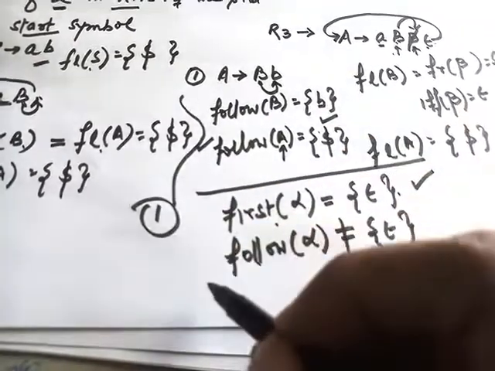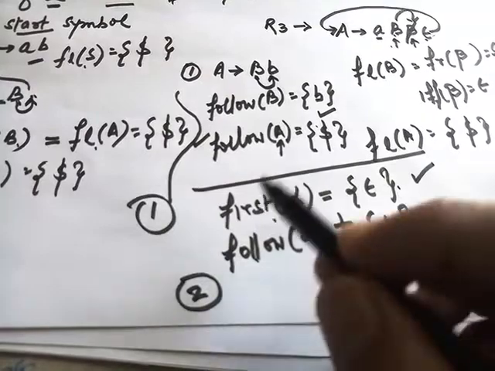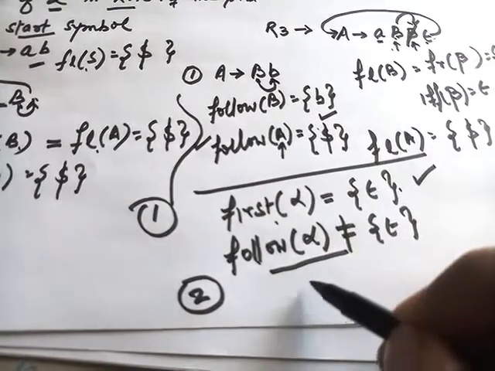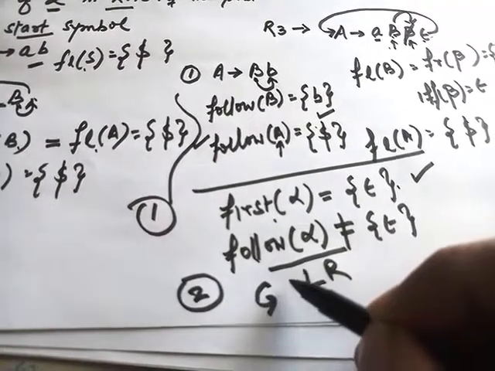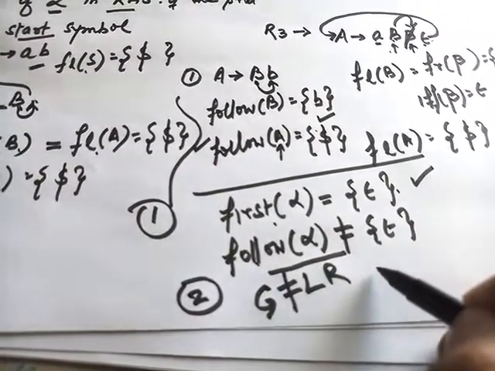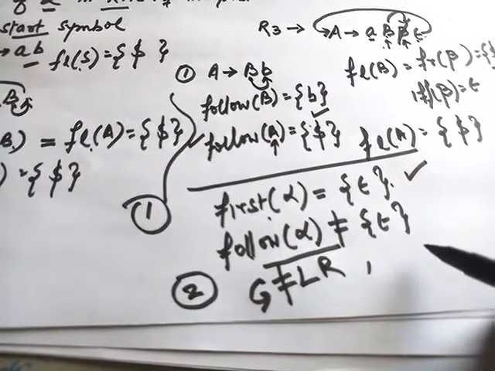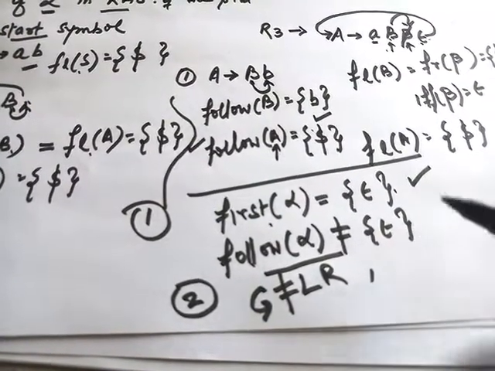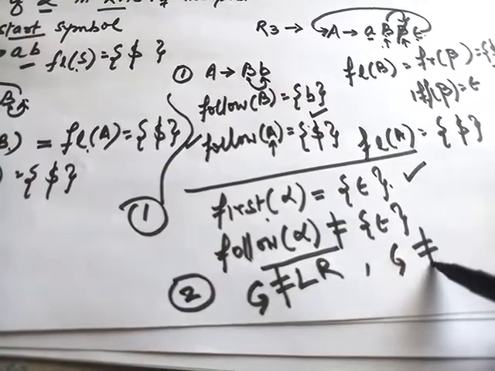Number 2, whenever we are going to find first and follow of a non-terminal, your grammar should not be left recursive. If it is, you cannot find out first and follow. You have to make it right recursive, and your grammar should not be non-deterministic.